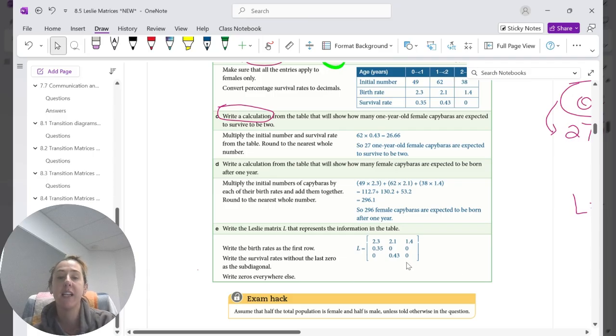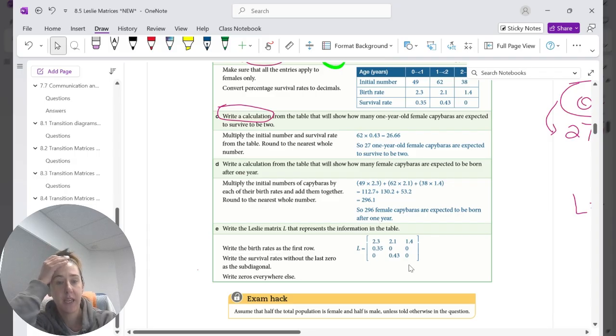So how do we write it in our Leslie matrix? Okay, so remember we're doing each of our age groups. The birth rate goes along the top here. So for each age group, we've got 2.3, 2.1, and 1.4, and where they are moving to each age category.